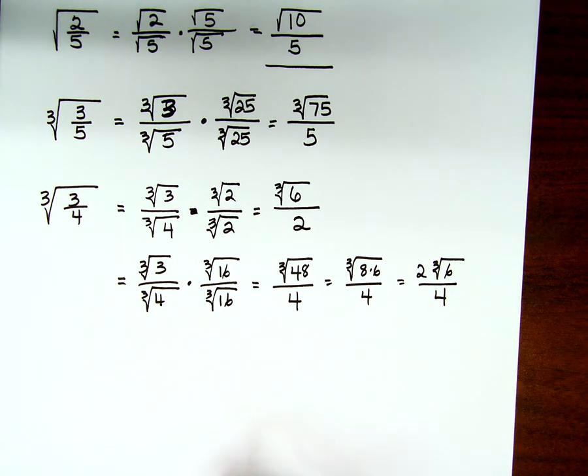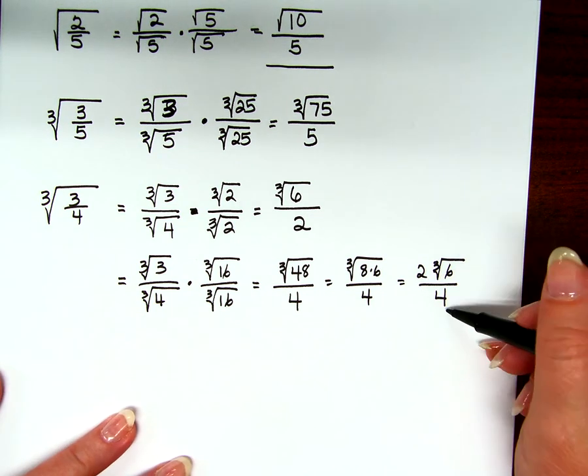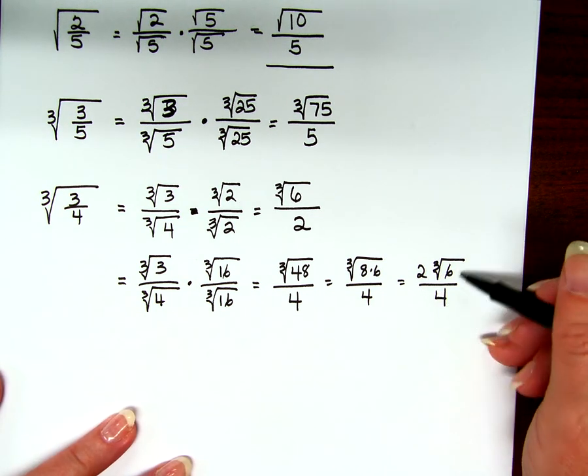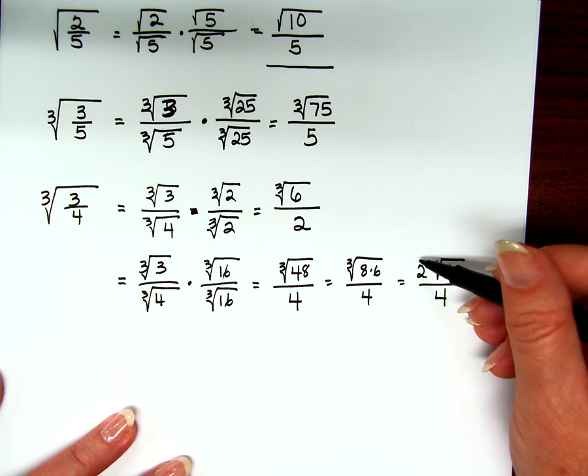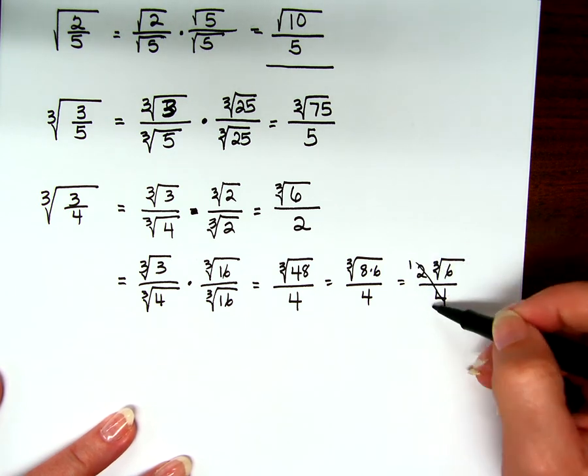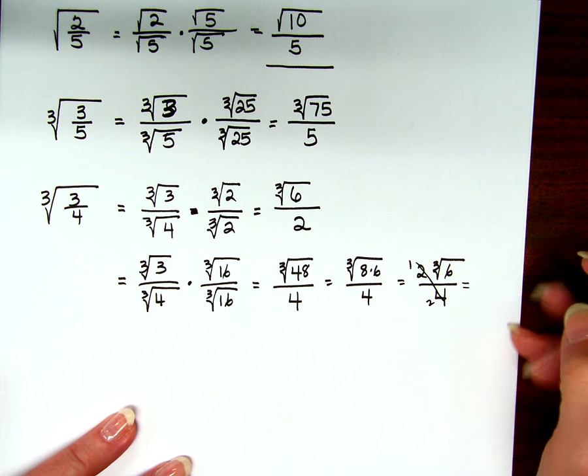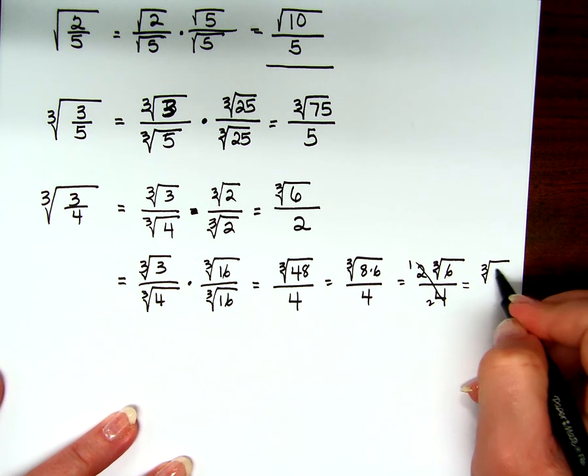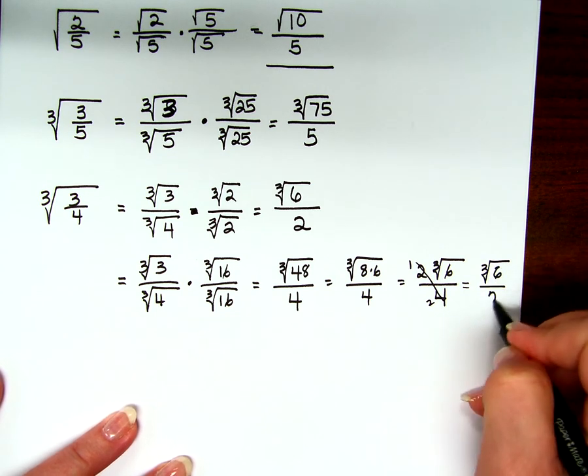What do you notice about this fraction? It can be simplified, can't it? I'm not trying to simplify the 6. I'm trying to simplify the 2 and the 4, right? That can be simplified, can't it? Because that's not inside the radical. Cube root of 6 over 2.